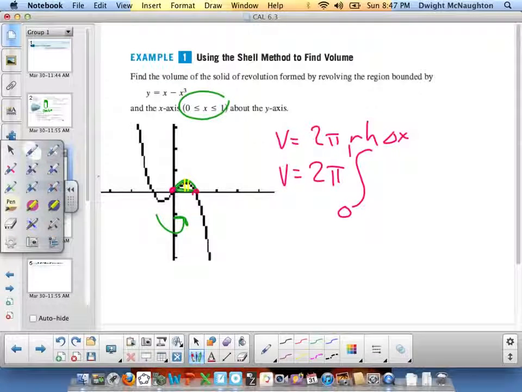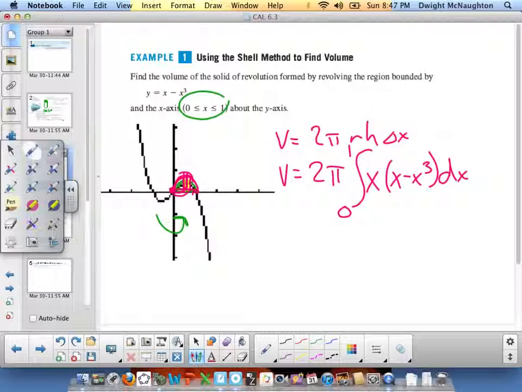Now the radius of rotation: if our cylinder is here, this is our radius. If our cylinder is here, this is our radius. Each radius is effectively whatever value of x you're at. So the radius will be x, and the height will be these lines here, which go up to the function. So our height will be the function, x minus x cubed.